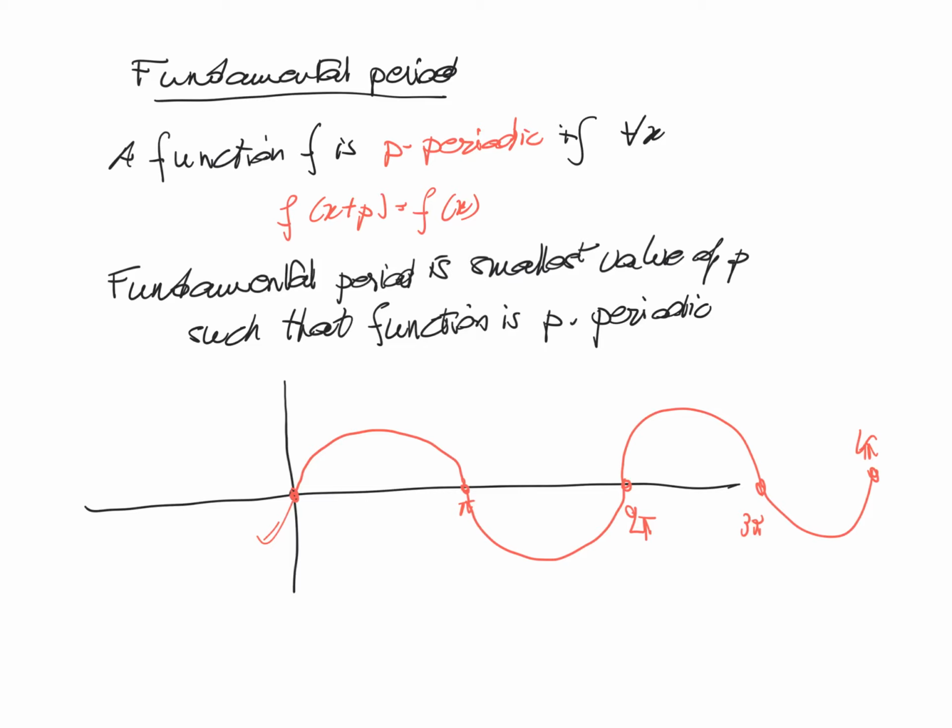Every time after 2 pi or after we travel 4 pi, we get the same outlook, the same visual for the function. So here, this is 2 pi. This will be the smallest period for which the function will repeat itself. So 2 pi is the fundamental period of sine.